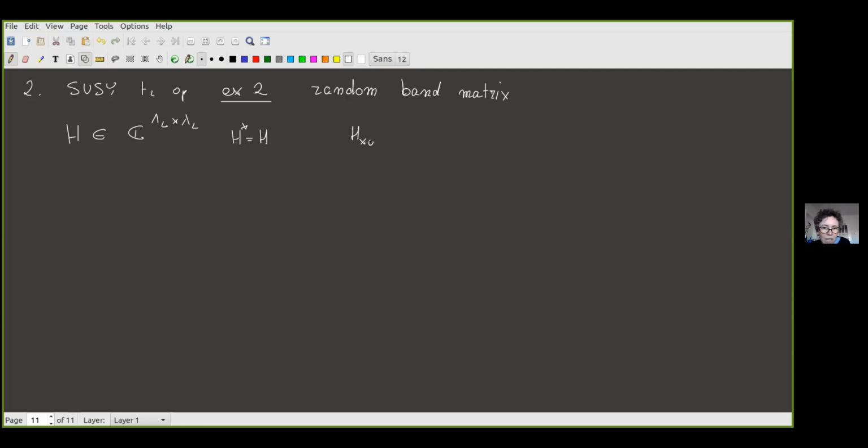So H_XY is normally distributed with average 0, and a covariance which is not the same everywhere. It depends on which matrix element we are looking at. And the covariance is defined as J_XY. This is one possibility: we take minus W square lattice Laplacian plus identity, inverse, between X and Y.